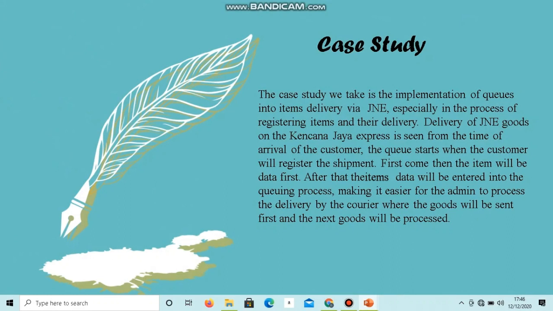The queue starts when the customer registers the shipment. First the item data is recorded. After that, the item data will be entered into the queue process, making it easier for the admin to process the delivery by the courier, where the goods that come first will be sent first and the next goods will be processed.